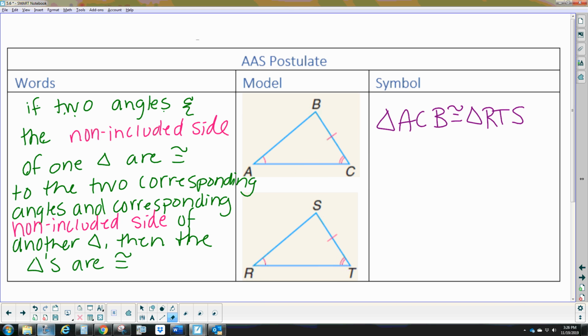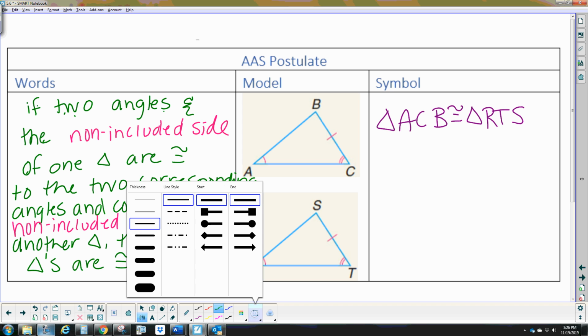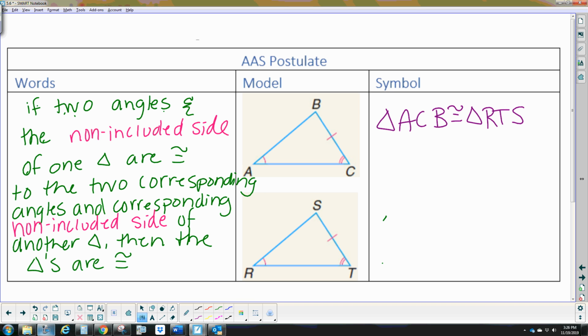So again, if you want to write it a different way, that's okay. I'm going to just give one more example of how you could write this statement. So triangle ABC would be congruent to triangle RST.